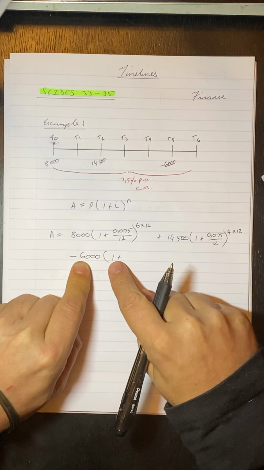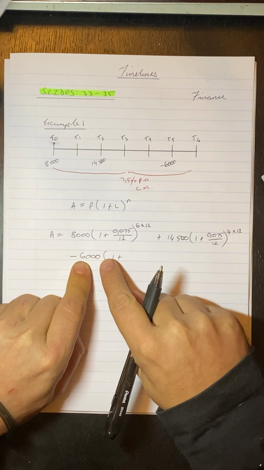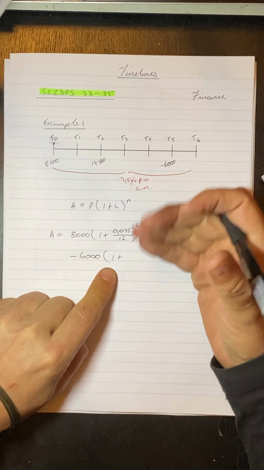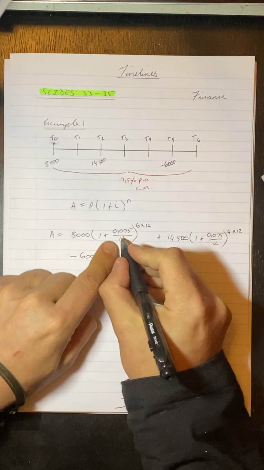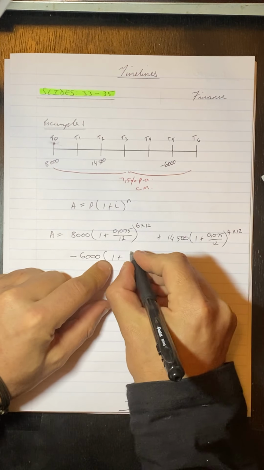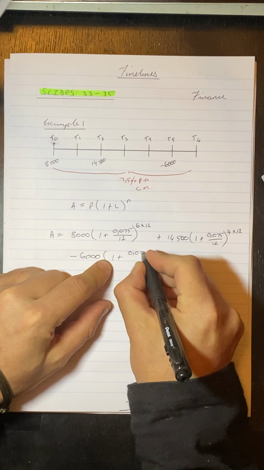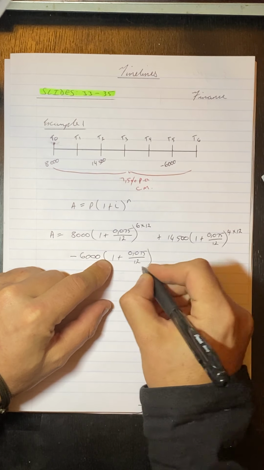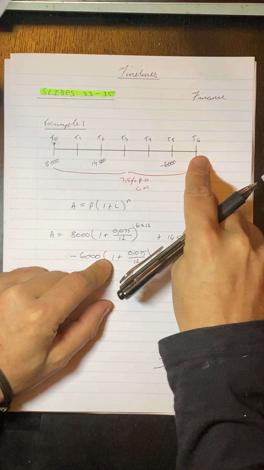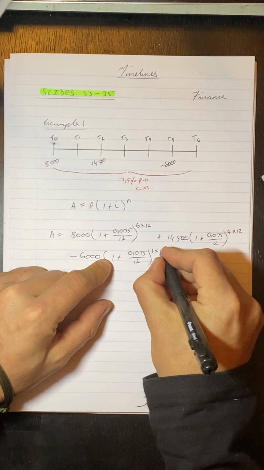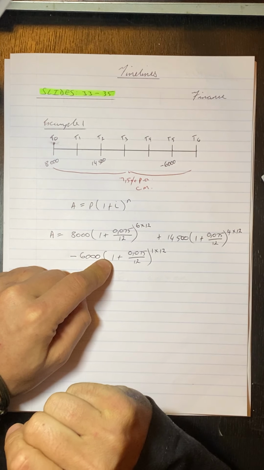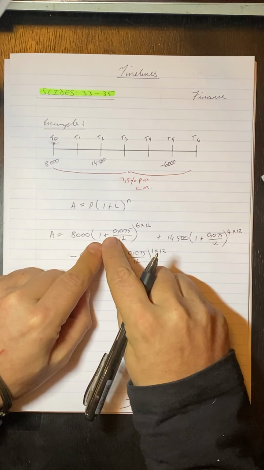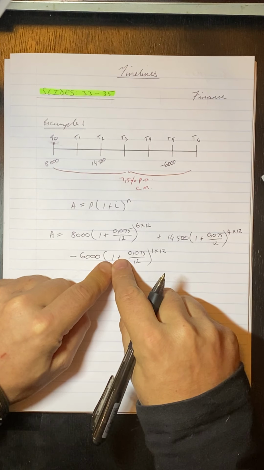So what I'm doing here is taking out the 6,000 plus the interest that it would have earned. Our interest rate is exactly the same, 0.075 over 12, and it is for 1 year, so 1 times 12. You see how I've broken it down for the individual things.